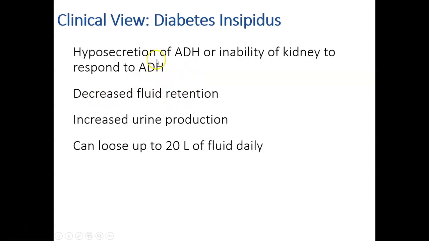But if you have an ineffective mechanism of ADH regulating the water reabsorption, you can lose up to 20 liters of fluid daily, compared to normally, where our urine output is only between 1 to 2 liters. So this condition, diabetes insipidus, results in dehydration.